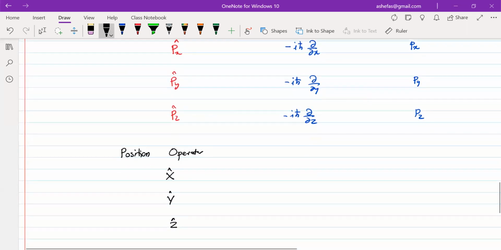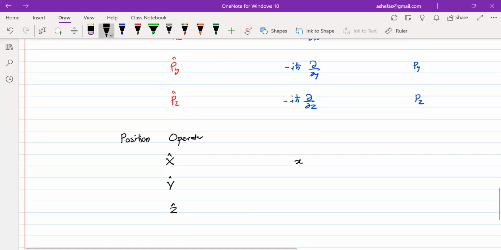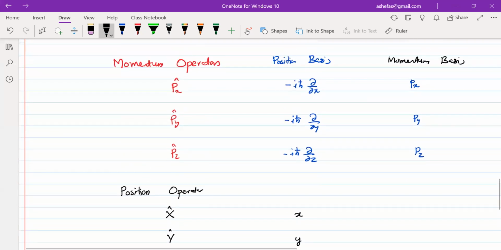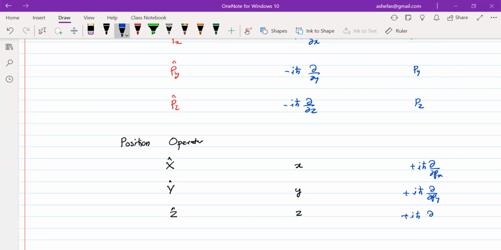In the position basis, these can be written simply as x, y, and z. And in the momentum basis, they take the form plus iħ ∂/∂px, plus iħ ∂/∂py, and plus iħ ∂/∂pz.